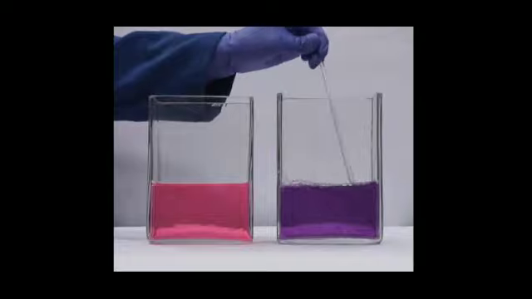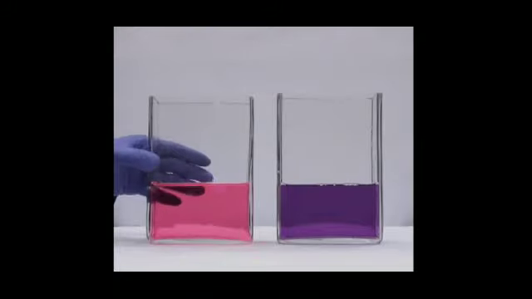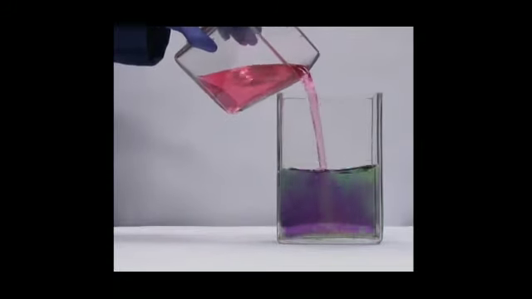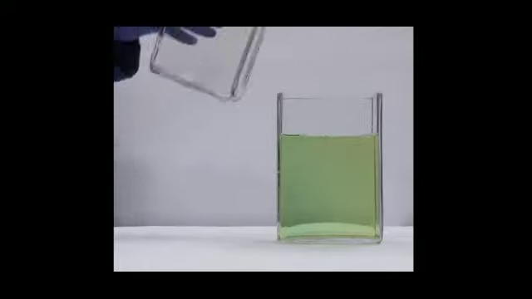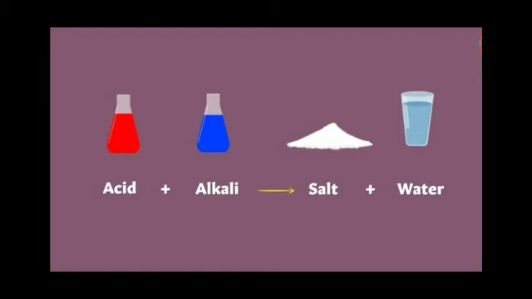What do you think if we add these two solutions together? They are showing green color, which means they nullify each other's effect. It means when acid and bases react with each other, they form neutral salt and water.